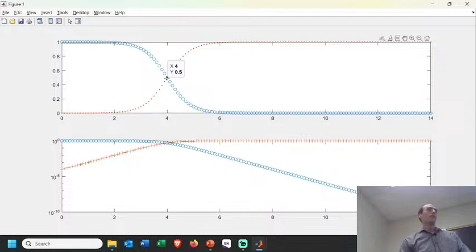That's our equilibrium point, the spot where they are equal. Of course, we can find equilibrium where they're not equal. We've talked about that. But if pH is 4, they are both the same concentration.